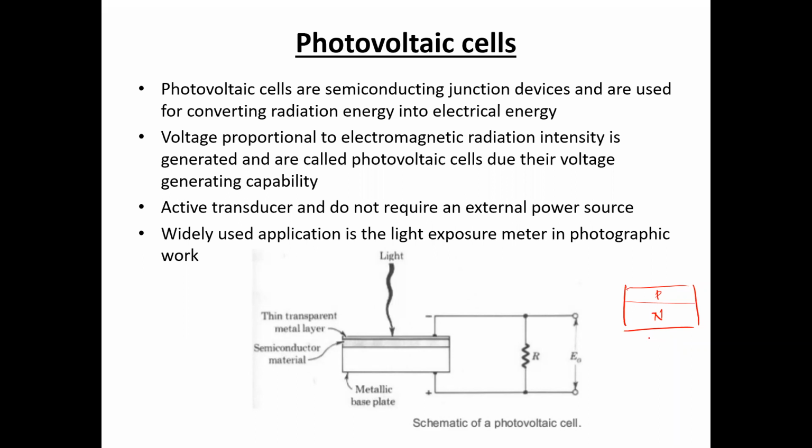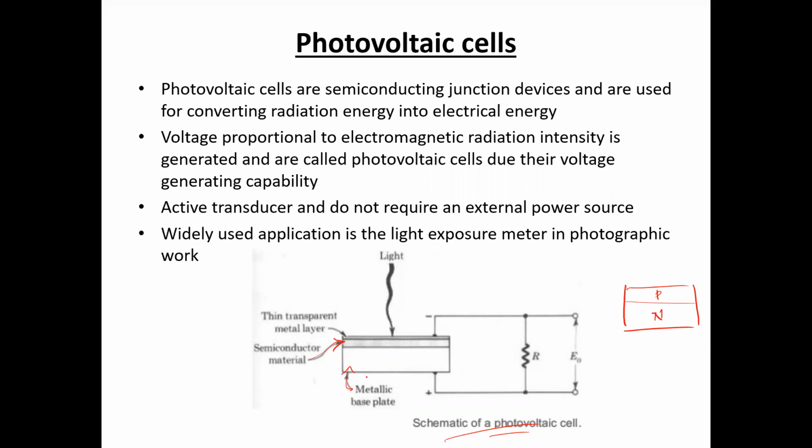Now the schematic diagram of the photovoltaic cell shown here has a slightly different construction. However, it is also a variation of the photovoltaic cell, where there is a semiconductor material and there is a metal. So here also a junction will be formed, but it is not actually a p-n junction.